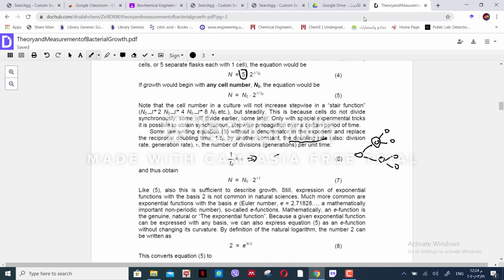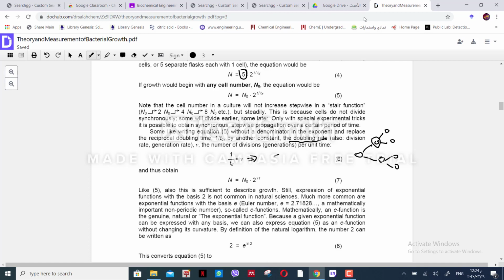Much more common are exponential functions with the basis of Euler's number, where e equals 2.7, a mathematically important non-periodic number, the so-called e function. Mathematically, an e function is the genuine, natural exponential function. Because a given exponential function can be expressed with any basis, we can also express equation 5 as an e function without changing its curvature.